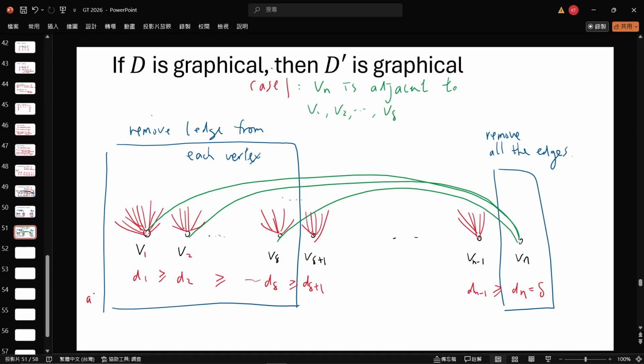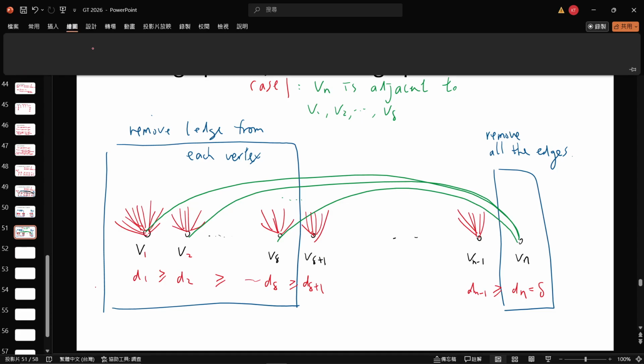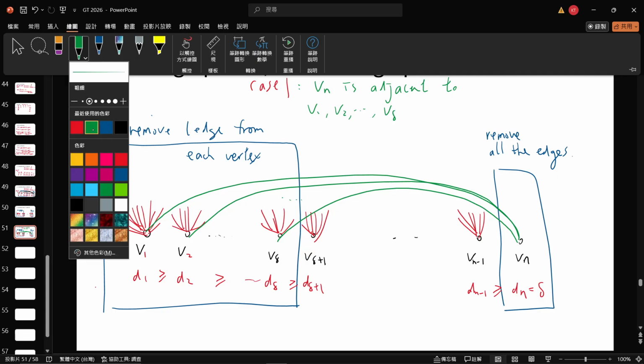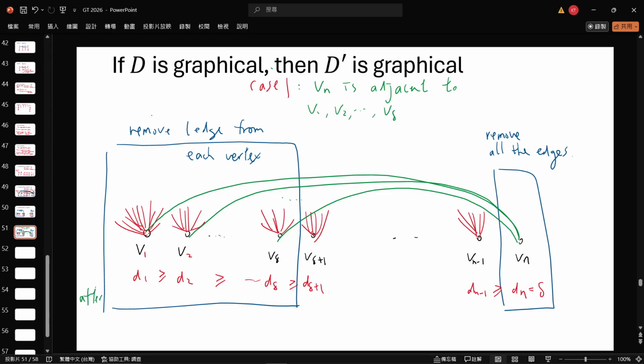So after removing all green edges, the degrees become D1 minus 1, D2 minus 1, up to D delta minus 1, and Vn has degree 0.